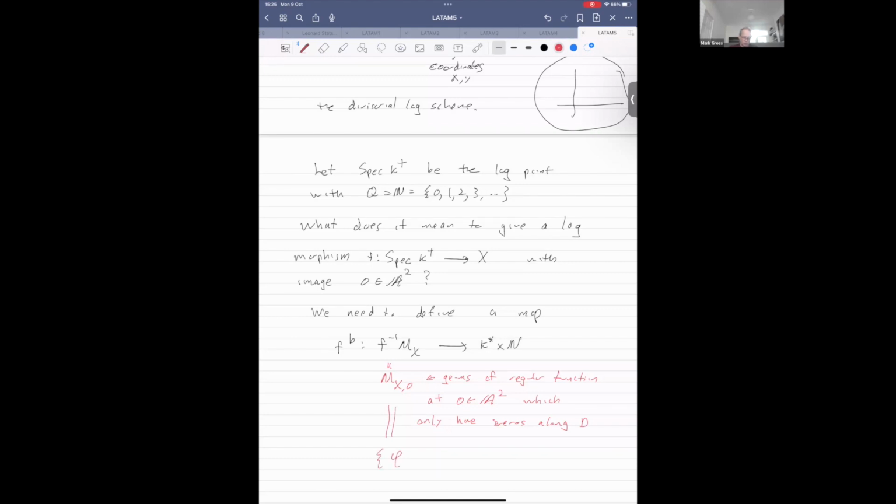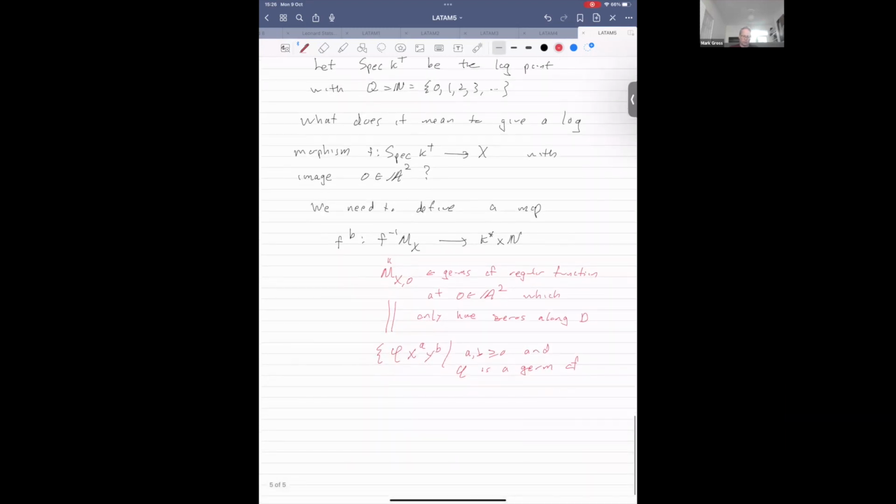This is the set of things of the form phi times x to the a times y to the b, where a, b are greater or equal to 0, and phi is a germ of an invertible function. Okay, so that's the left-hand side of this map.